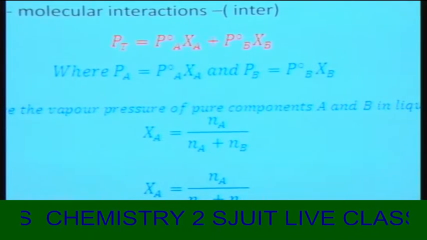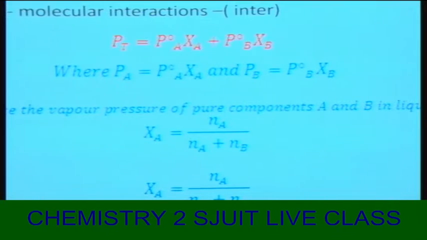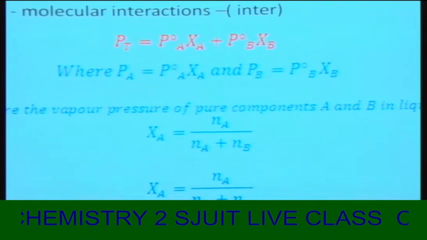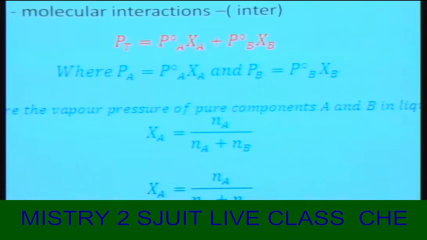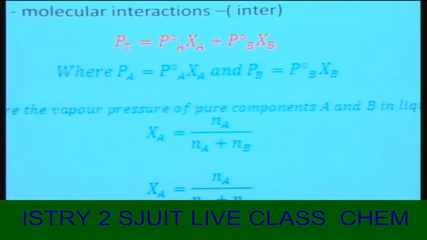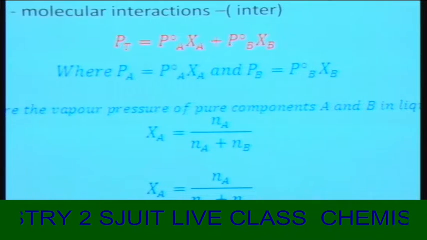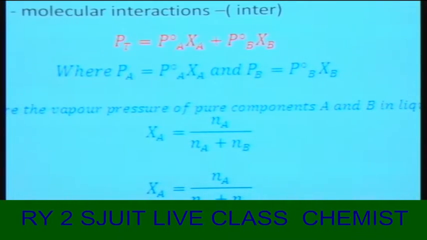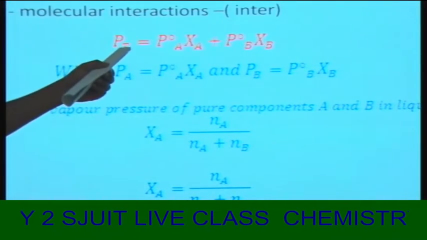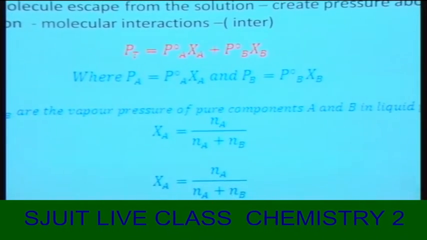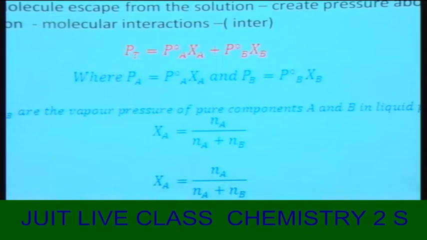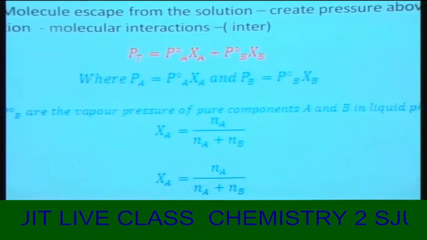Solutions which deviate from Raoult's law show either a negative or positive deviation. If the total pressure can be greater than the partial pressure of an individual component, that is a positive deviation from Raoult's law.